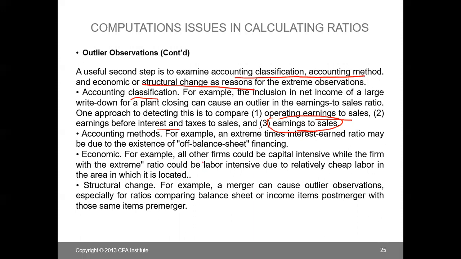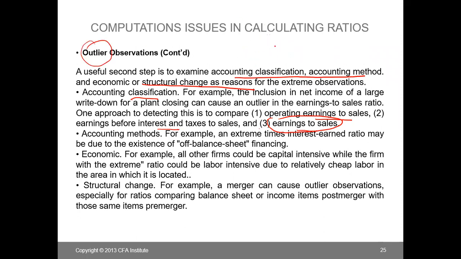You might observe some extreme numbers in the financials. So you have to find out the year in which the merger happened. If it is 2020, you have to be very careful in looking at the numbers of 2020, because the merger transactions happened and you need some adjustment for considering that outlier.